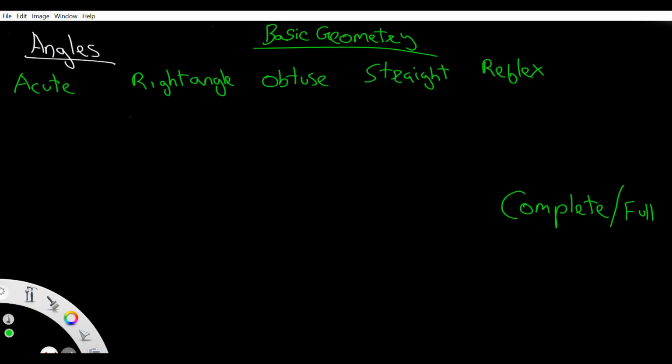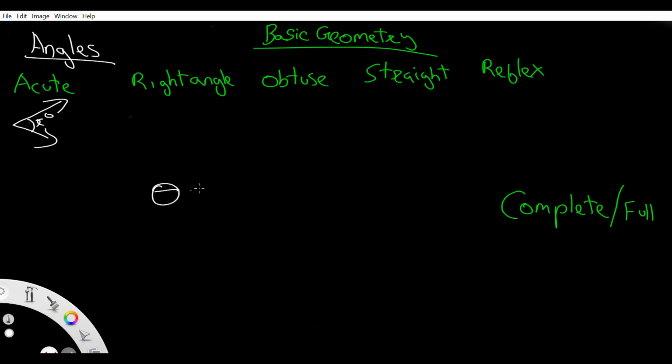Now let's look at angles. There are 6 different types of angles that you should be familiar with. The first one is an acute angle. And an acute angle looks something like this, with an angle measure of, let's say, x degrees. But often when we refer to degrees, we don't use an alphabet. What we use is something called a theta.